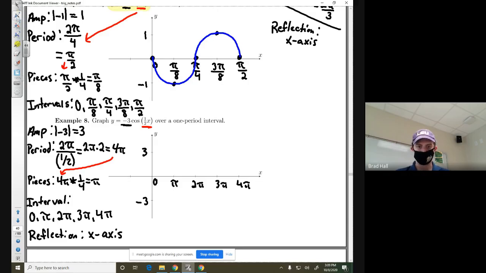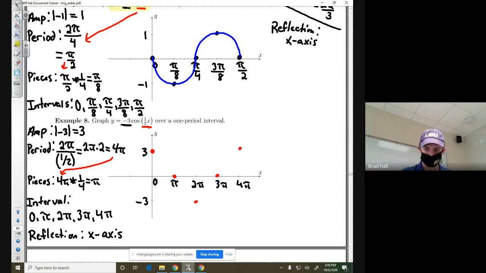So cosine, let's see how good your memories are. I'm going to plot it without the reflection first, so I'll do that in red. Cosine without the reflection would start up here, go down, up, up. That would be without the reflection.